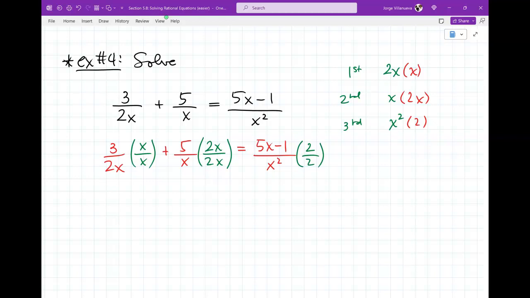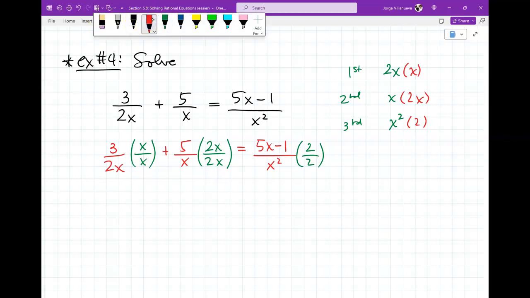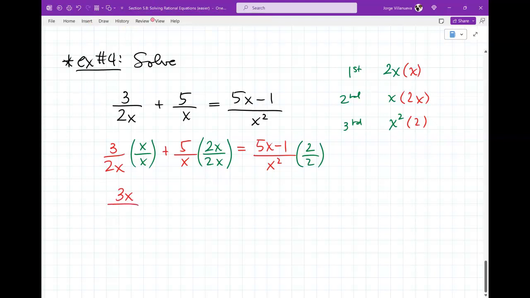So go ahead and start distributing everything out. So I get 3x over 2x squared plus 10x over 2x squared equal to, I have to distribute because this is a binomial, so it's going to be 10x minus 2. So 10x minus 2 over 2x squared.